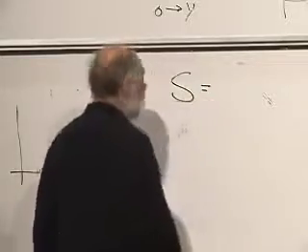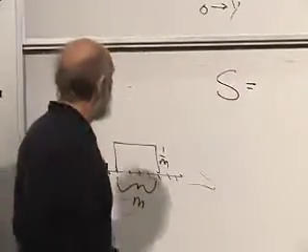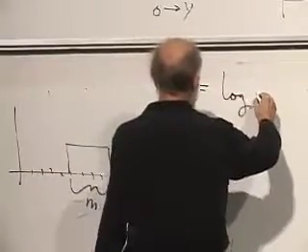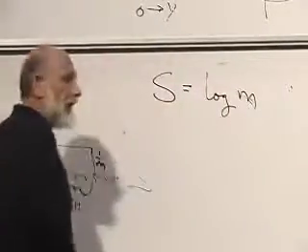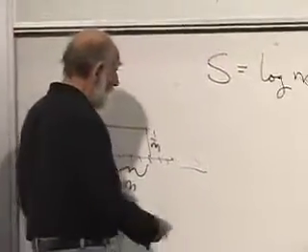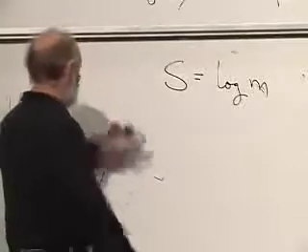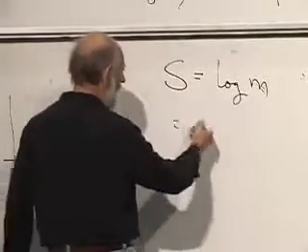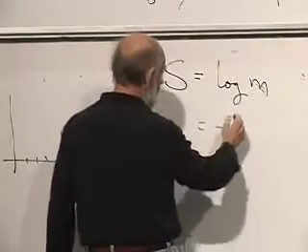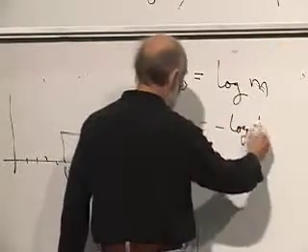S for entropy. Why is S entropy? I don't know. It's the logarithm of m for this particular case over here. Incidentally, notice that it's equal to minus logarithm of 1 over m.